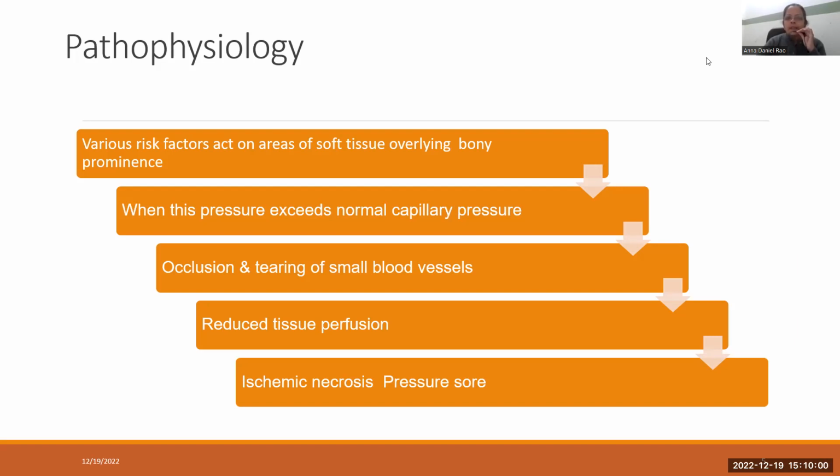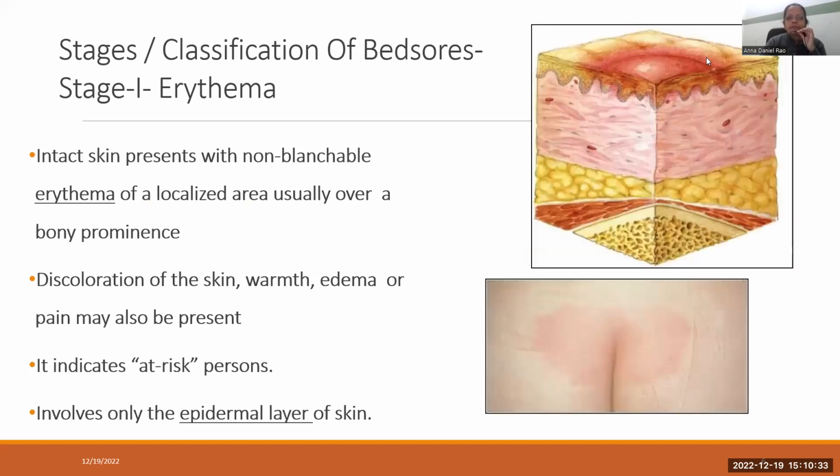When the pressure exceeds normal capillary pressure, which can be very small, it will occlude, or even tear off small blood vessels. Because of that, the tissues supplied by these tiny blood vessels will be deprived of their oxygen and nutrition, right? And because of that, necrosis will take place. So that is what we name as pressure sore.